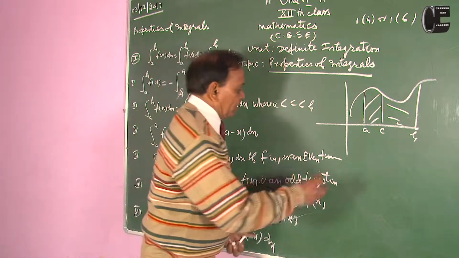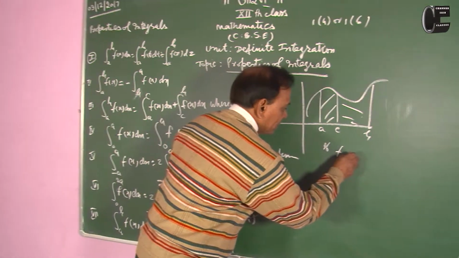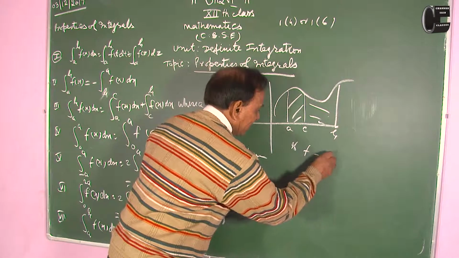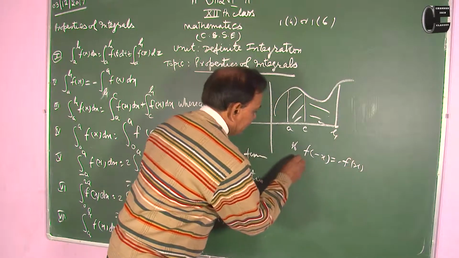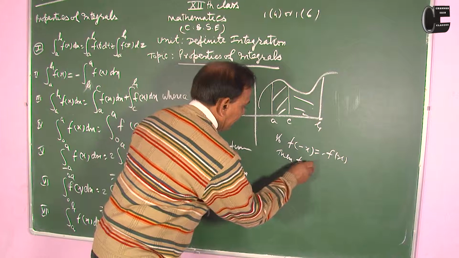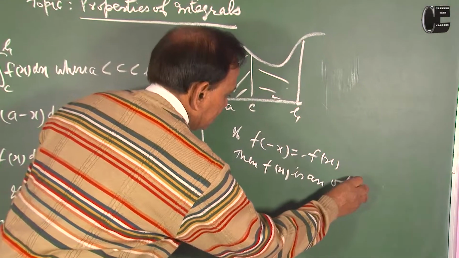Now, if f(minus x) equals minus f(x), then f(x) is an odd function.